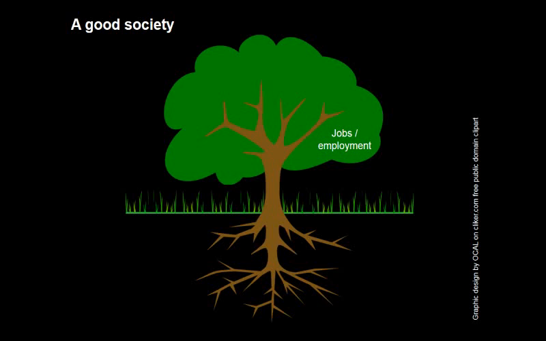But jobs and employment for pretty well every country is a universal goal. Everyone happy with that? Okay, so draw it in your tree. Jobs and employment. Let's think of it as the fruit. What goals that we want, the fruit of our tree of society, a good society.